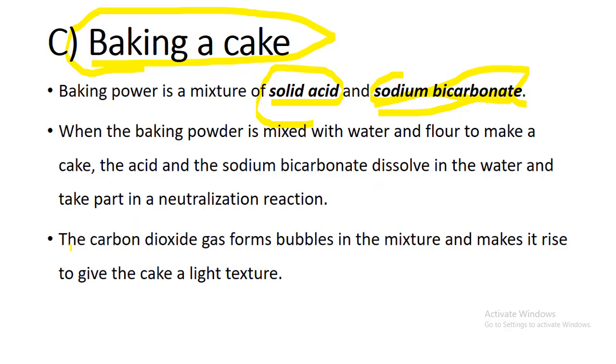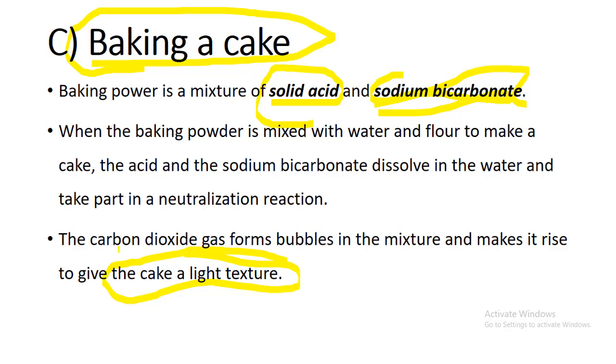So the carbon dioxide gas forms bubbles in the mixture. The carbon dioxide which is released from the process forms bubbles in the mixture and makes it rise to give the cake the right texture. You see some small holes in the cake.